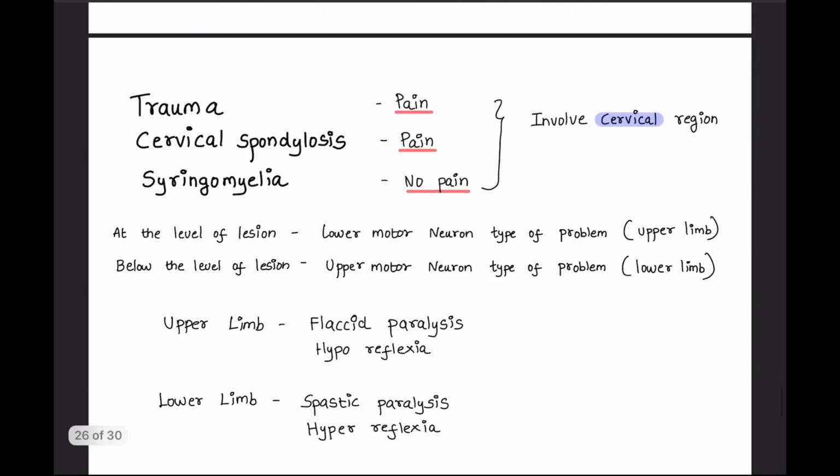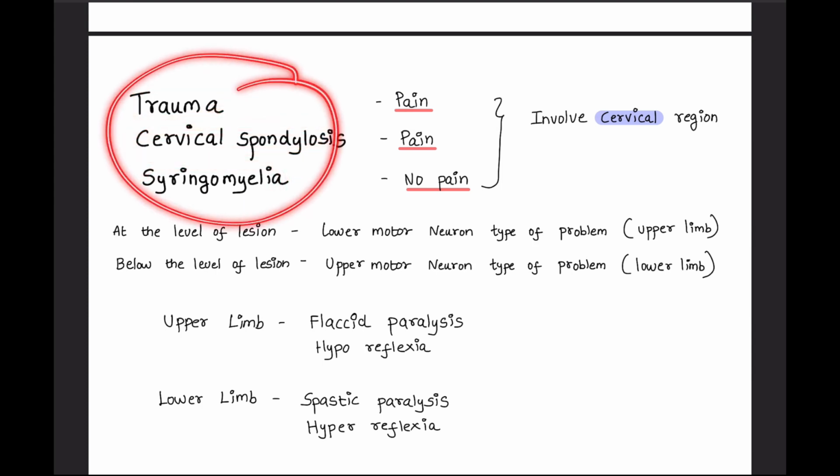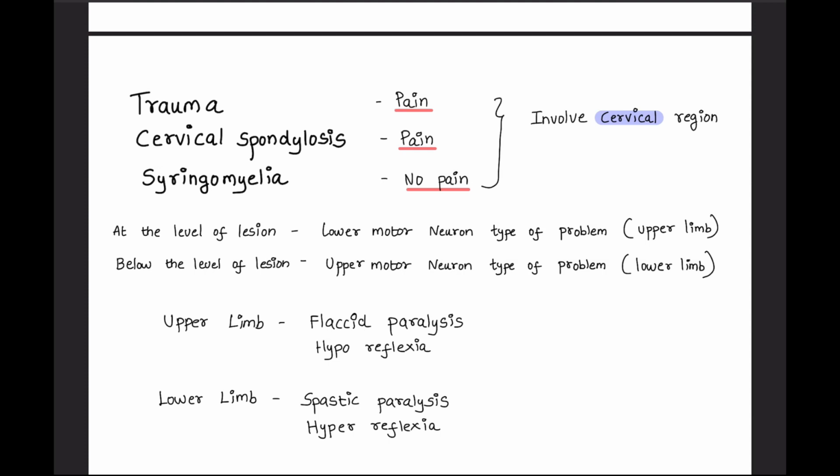So in all the cases we have discussed in this lecture and in the part 1 lecture, in trauma, cervical spondylosis, Syringomyelia, in all these cases the common region involved is the cervical vertebra.